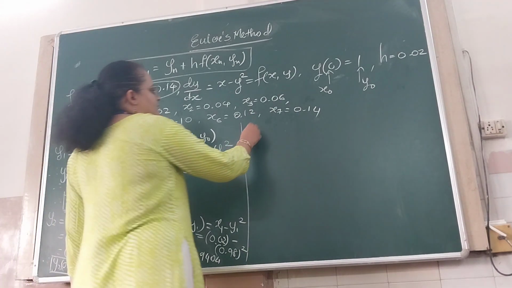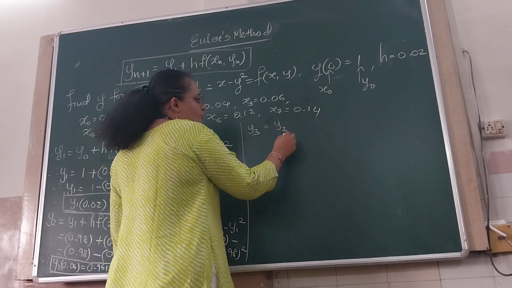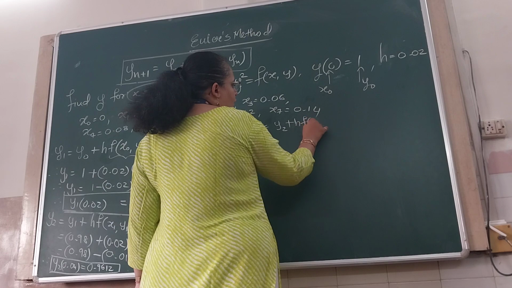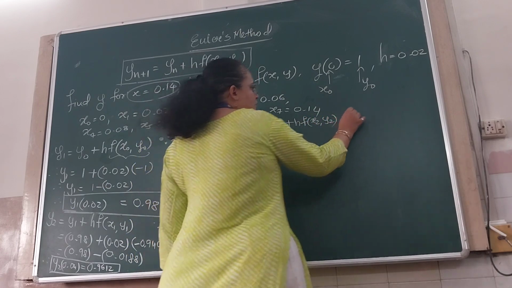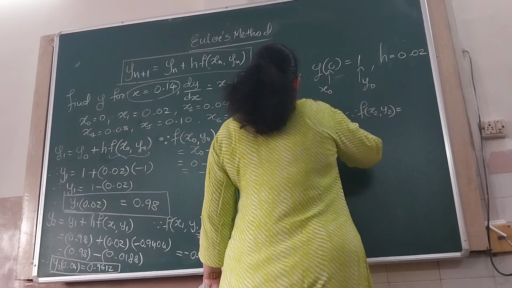Tell me what is y3? y2 plus h into f of x2, y2. Yes or no? Yes. Since f of x2, y2 is x2 minus y2 square.